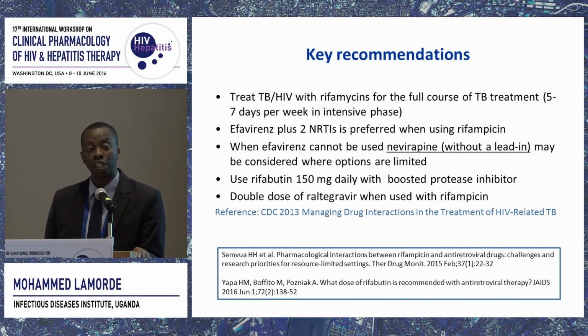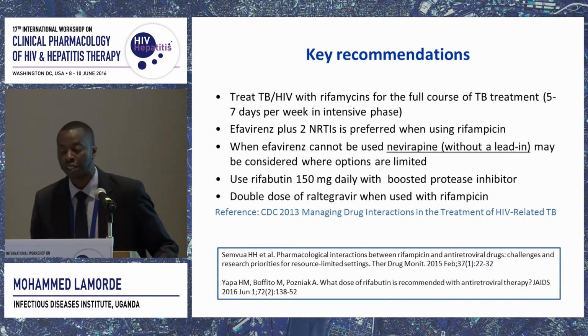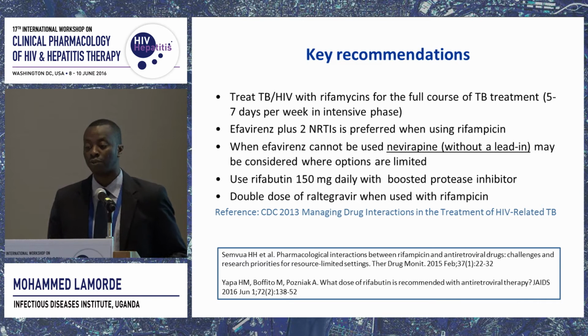But if you don't have rifabutin, you might actually be stuck with boosted PIs and rifampicin. And the one drug that is even mentioned or discussed in guidelines is lopinavir-ritonavir. In that case, the dose is doubled, but you really have to watch for toxicity as well as other concerns like treatment failure.